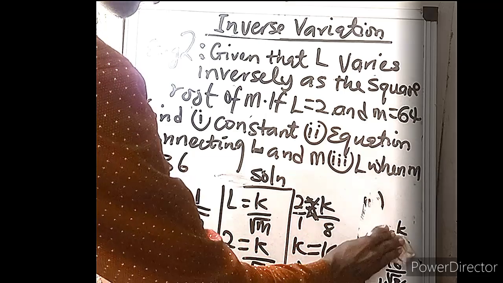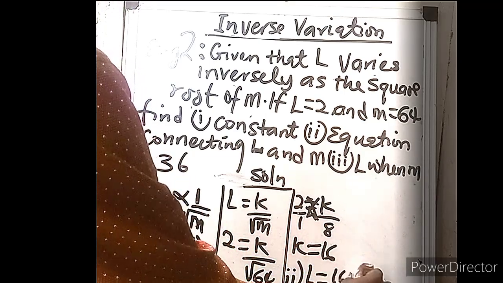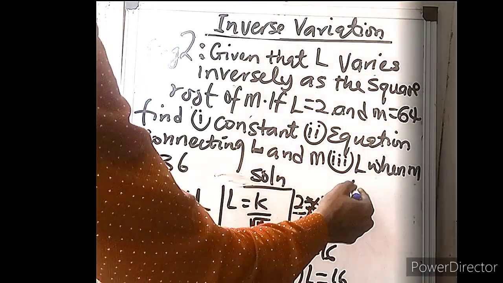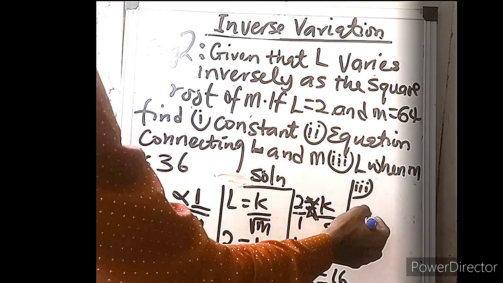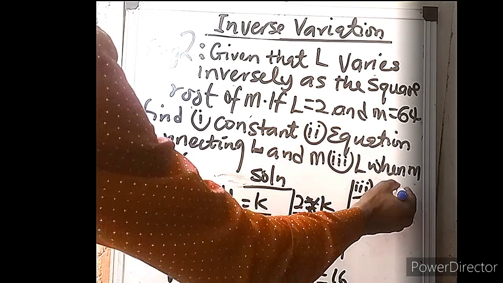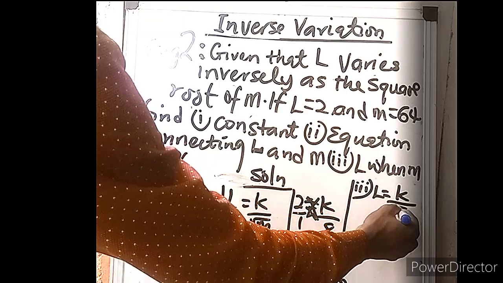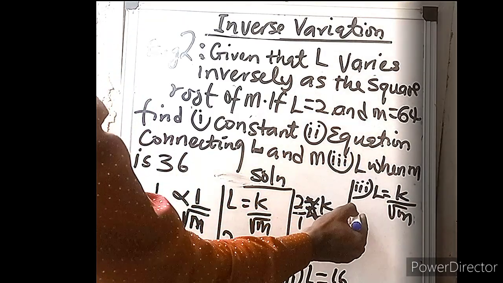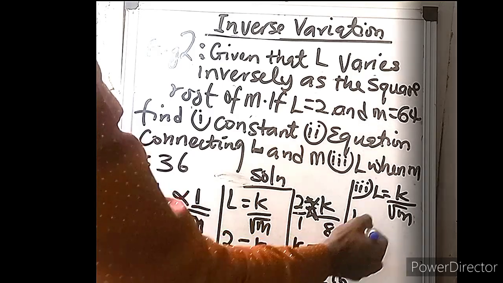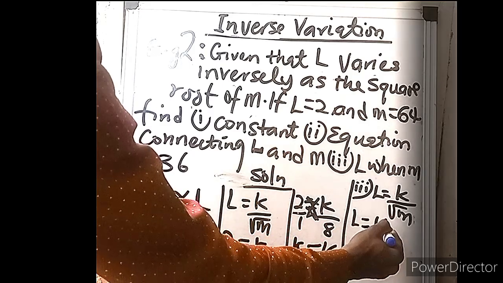Let's try to manage the space. Question 3. We are saying that L equals K over square root of M. This time around, we are solving the third question. L is not given. K is 16. We have gotten K to be 16.